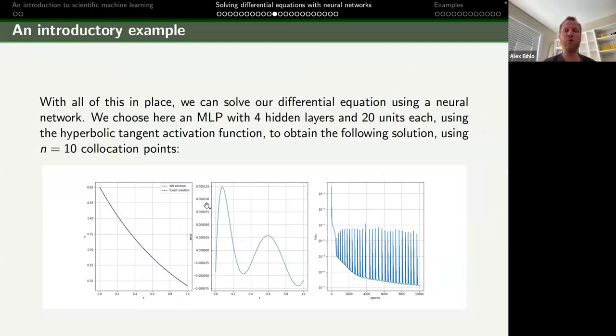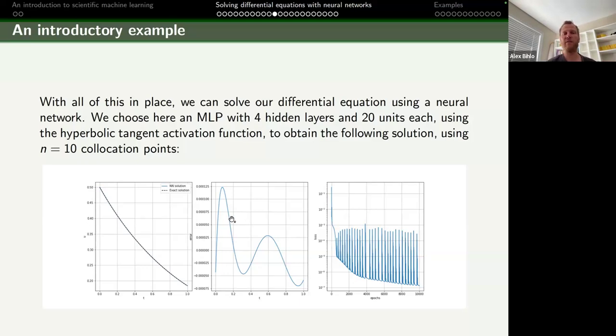But it is really challenging to get the error of this method below, depending of course on the problem, say mean squared errors of less than 10 to the negative 4, 10 to the negative 5, 10 to the negative 6. It becomes really challenging, especially for PDEs, which means that unfortunately this is not a very accurate method.